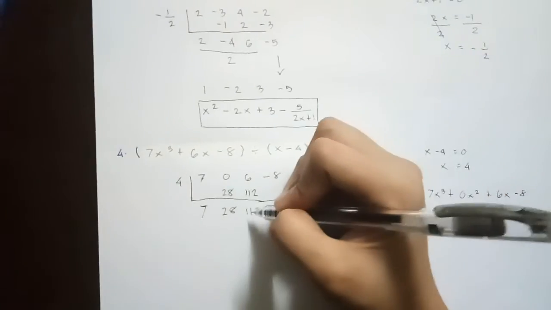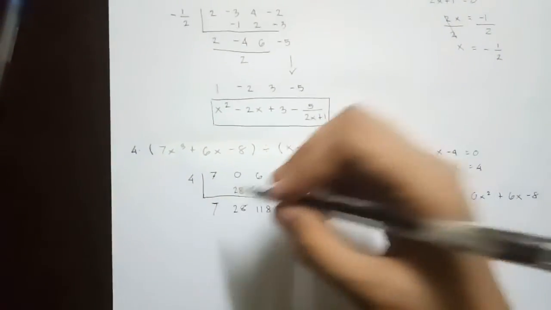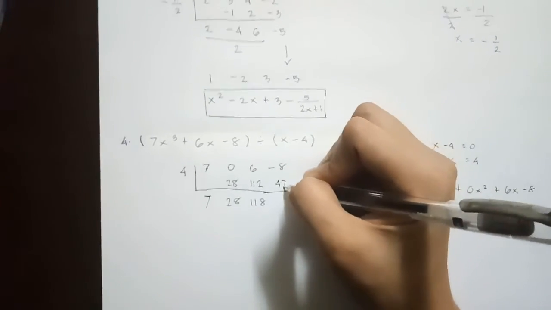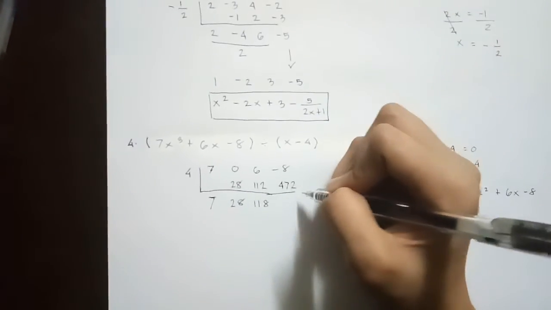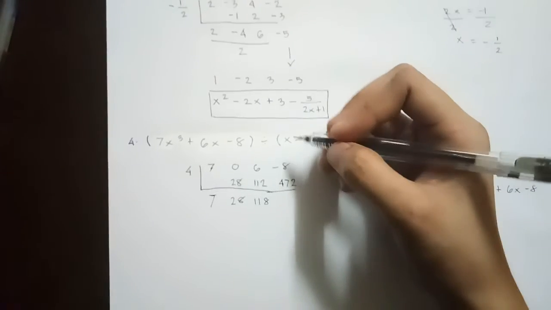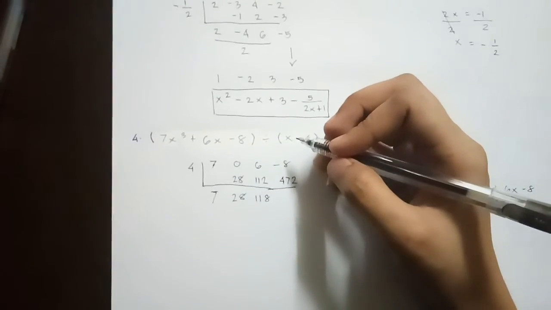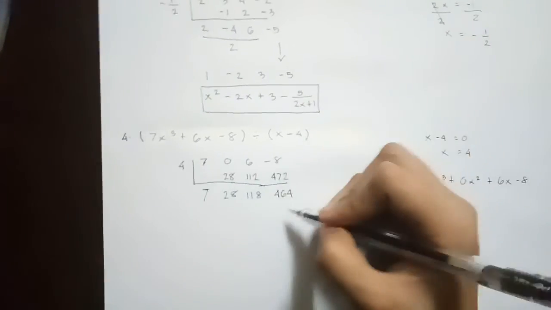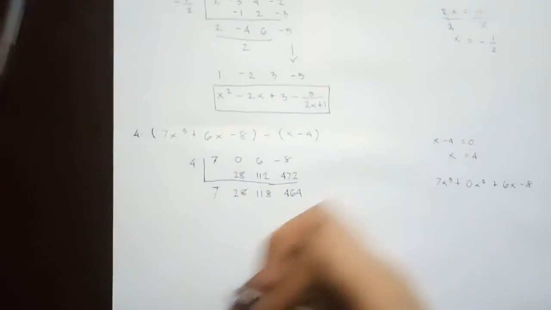And 118 times 4 is 472. 472 plus negative 8 is equal to 464. Again, this is our remainder.